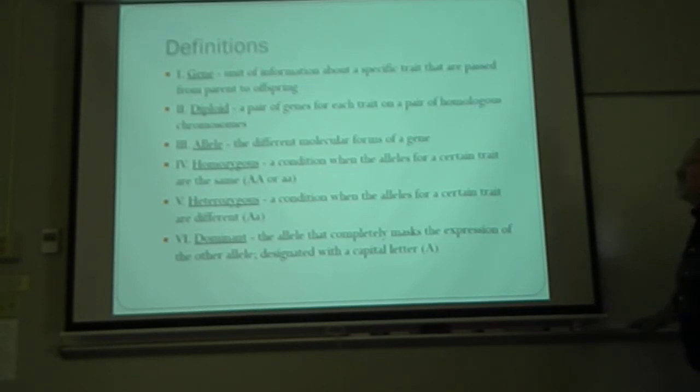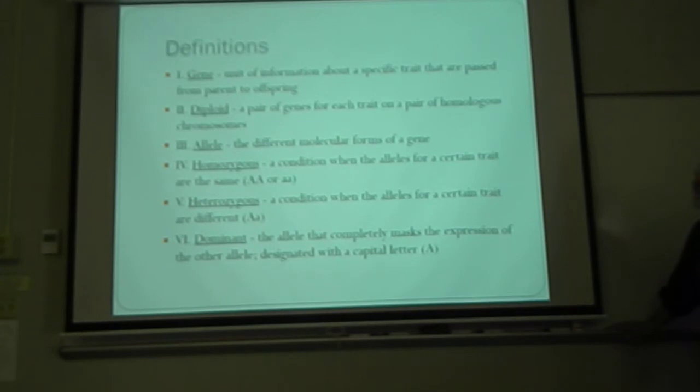So there are some definitions before we get started. A gene is just a unit of information about a specific trait that is passed from parent to offspring. So a gene is the makeup, the genetic information that controls a specific trait.